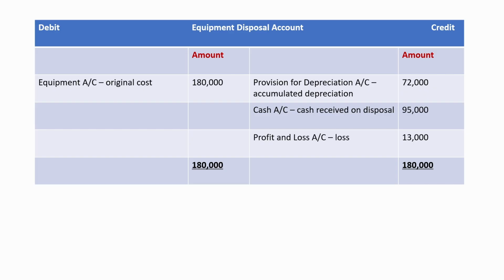So I hope by now you understand how to account for fixed assets. But we have other assets that we have not looked at. We have assets like accounts receivable, where we normally have something like bad debt and allowance for doubtful debts.